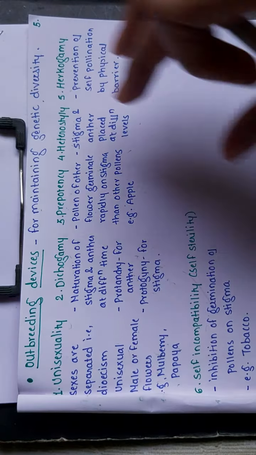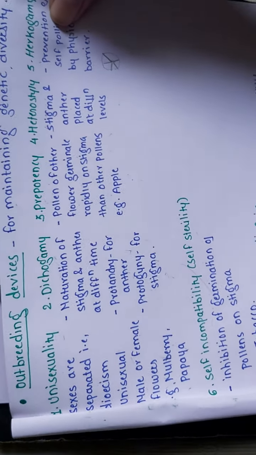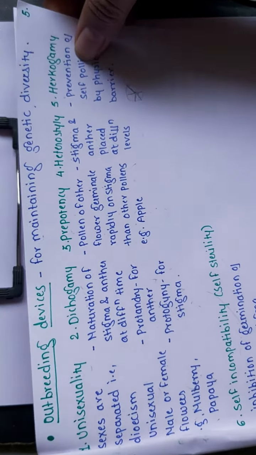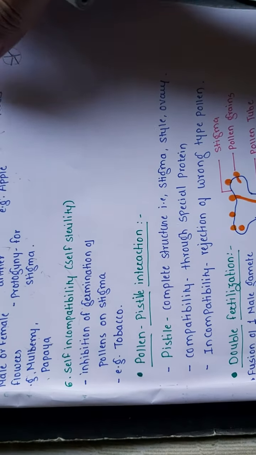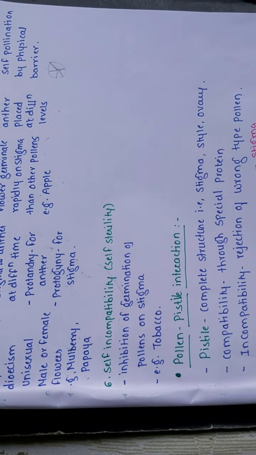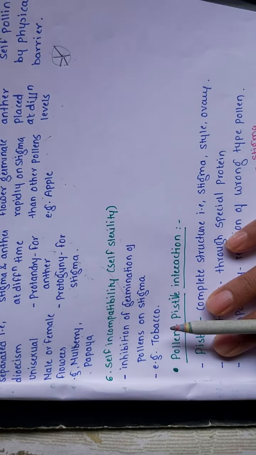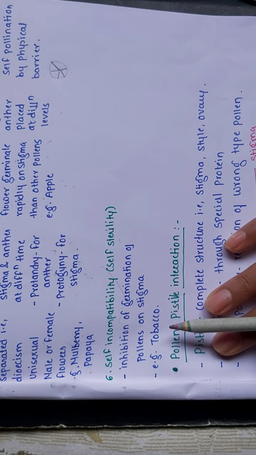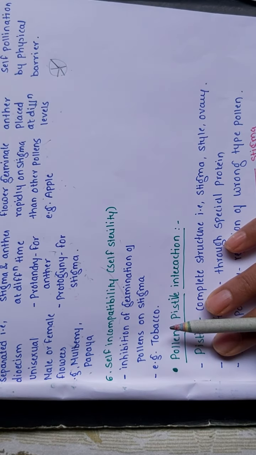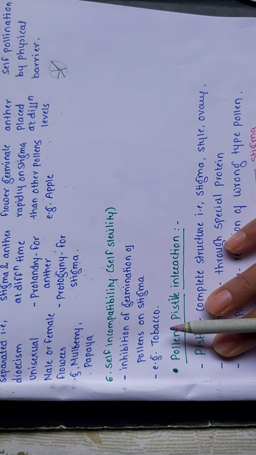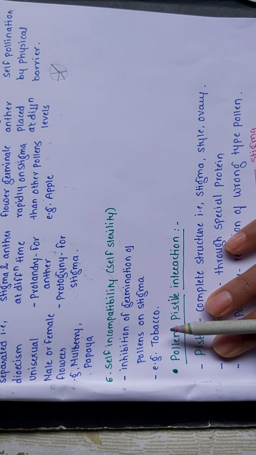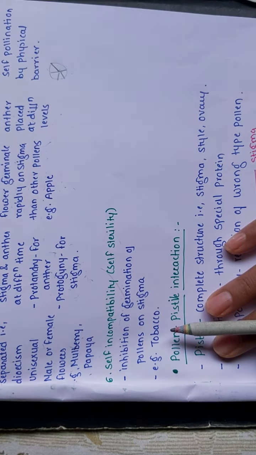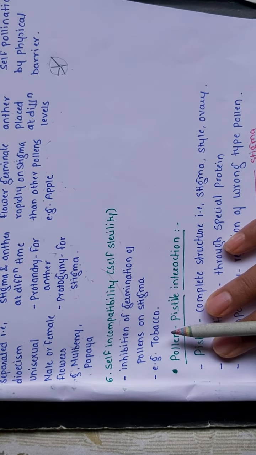Next type is self incompatibility, that is nothing but self sterility. In self incompatibility, it inhibits the germination of pollen grains on the stigma, and they have given the example of tobacco or tea.